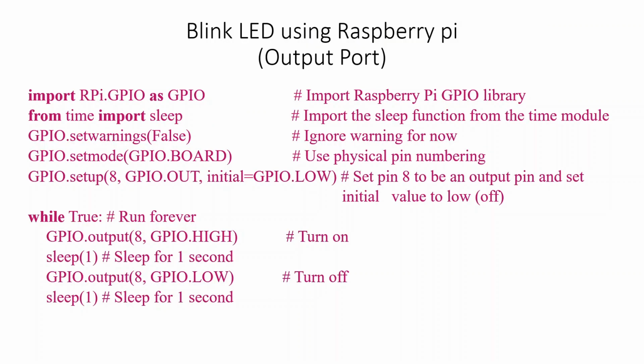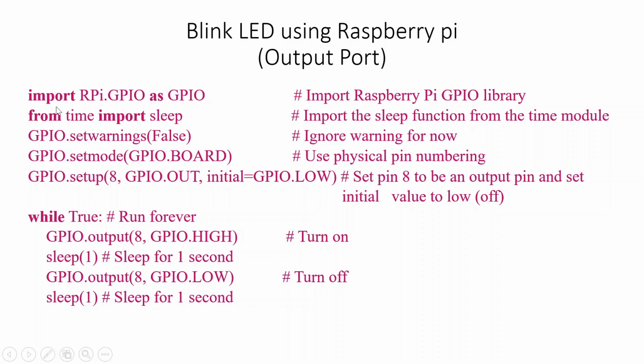Now this is an example of a blink LED. Let's see here the Raspberry Pi blink LED program, where we are going to learn all the Python concepts: first assigning variables, then the different data types of Python, operators, modules, functions, how to access different modules, how to use control structures, everything we are going to discuss in this same program.